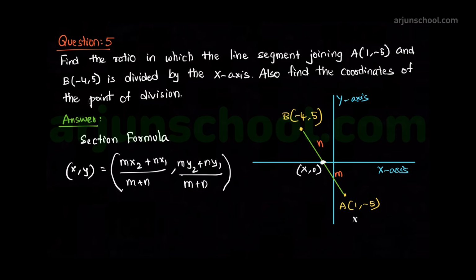Here (x1, y1) is (1, -5) and (x2, y2) is (-4, 5), and we know that this point is (x, 0). Since the y coordinate is 0, let us equate the y coordinates.